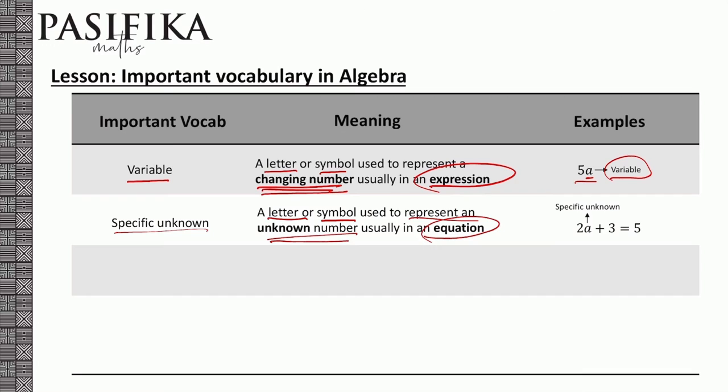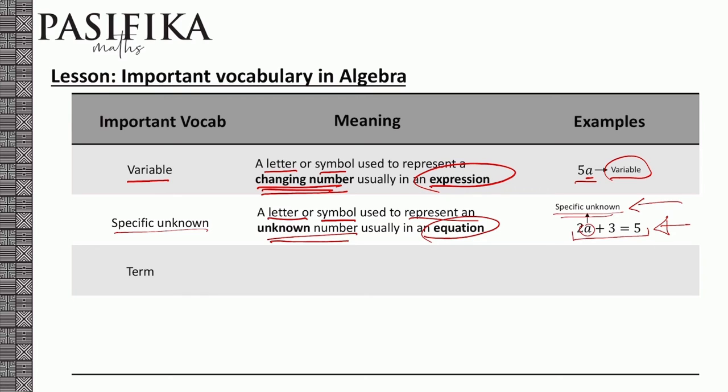Now, in this case, 2a plus 3 equals 5 is an equation. Remember, an equation will have an equal sign in it. And in here we can see that a is a specific unknown. It's because when we solve this equation, a will have a particular number associated with it.